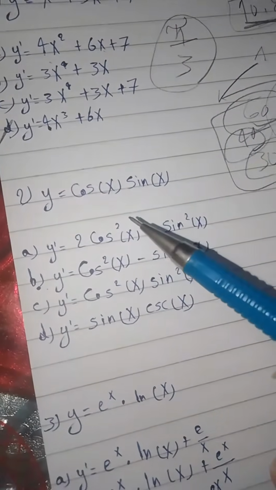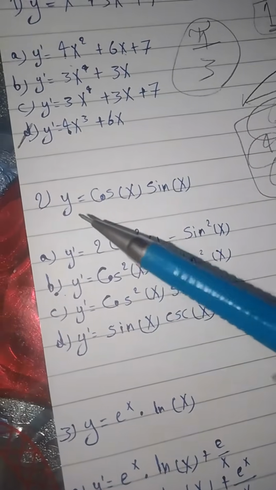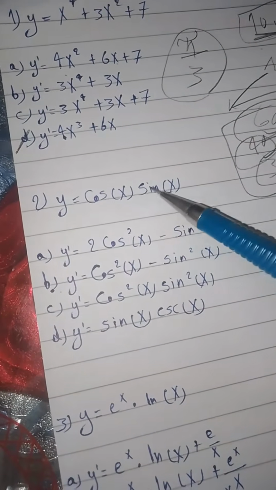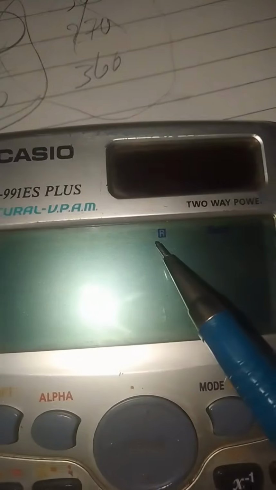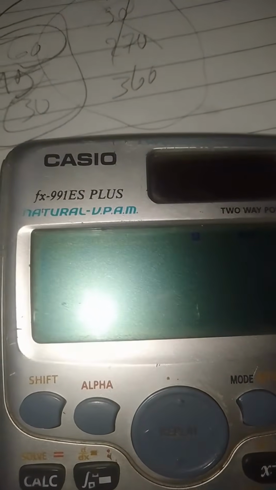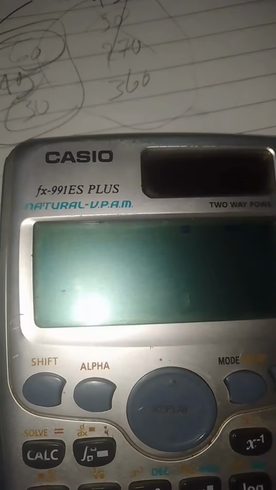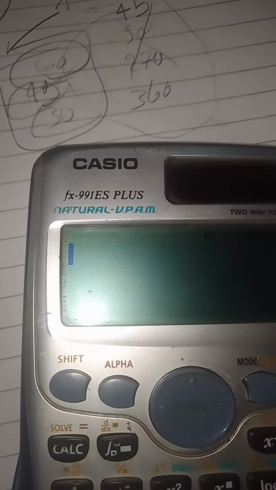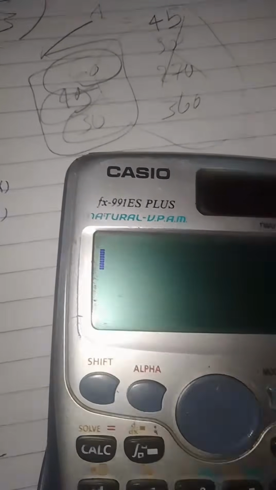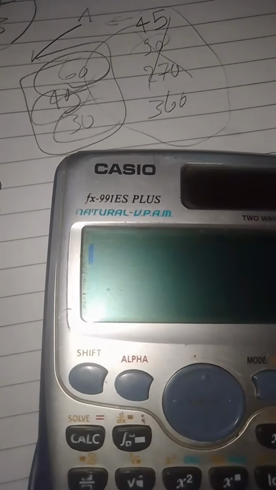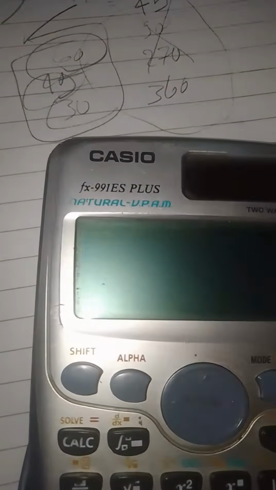So now let's take a look at this example. Here we have y equals cosine x sine x. We're gonna do the same as we said before. Make sure to have it on rad. Please don't be that student that goes to his math exam, comes out and says, oh, it was so easy, I just solved everything and I'm sure I will get an A+.